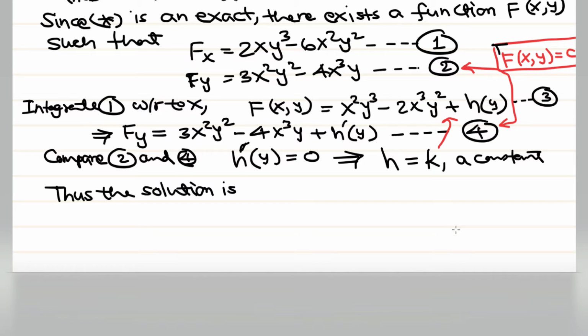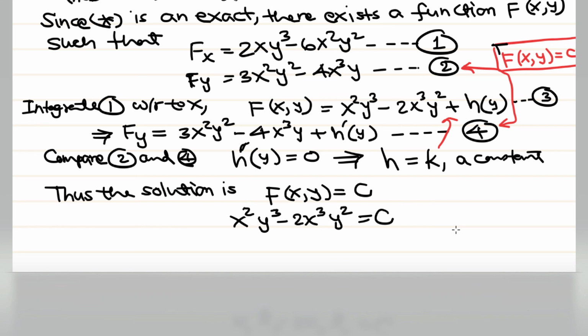So let me write f of x, y equals some constant, which is x cubed y, sorry, this is x squared, not cubed. x squared y cubed minus 2x cubed y squared plus h, which is a constant, I mean k, but then when we move to the other side it is another arbitrary constant, so that when you subtract it's not 0, it would be another constant, so I'm writing c again. This is the solution given implicitly, final.